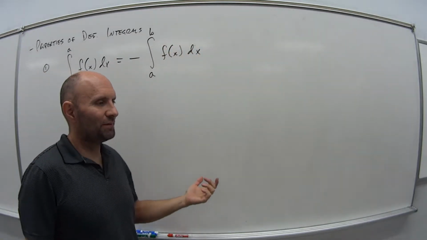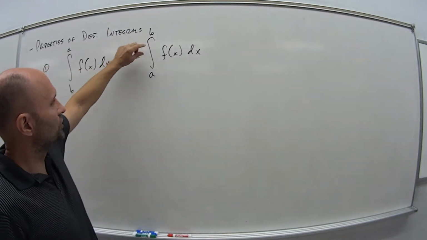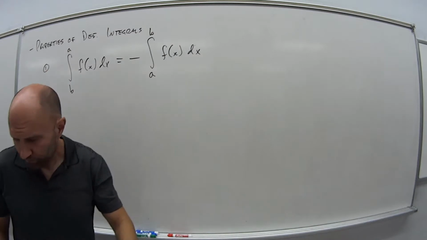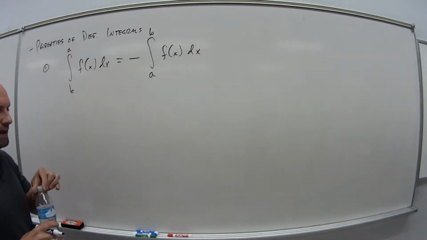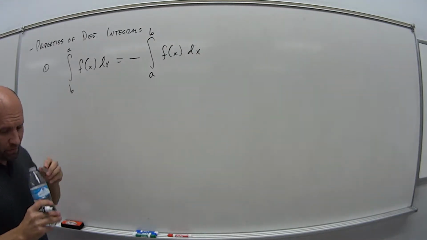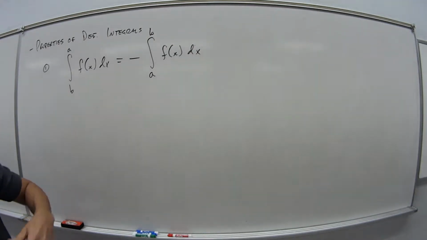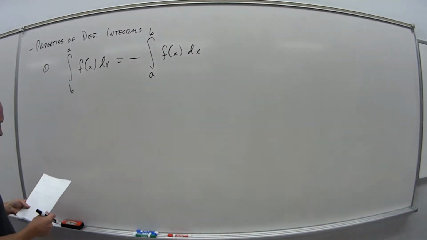So sometimes it's easier for us to switch our upper and lower limits. If we do that, we just have to make sure to take the negative of that value. So the calculations might be easier, but then make sure you take the negative value once you're done there.